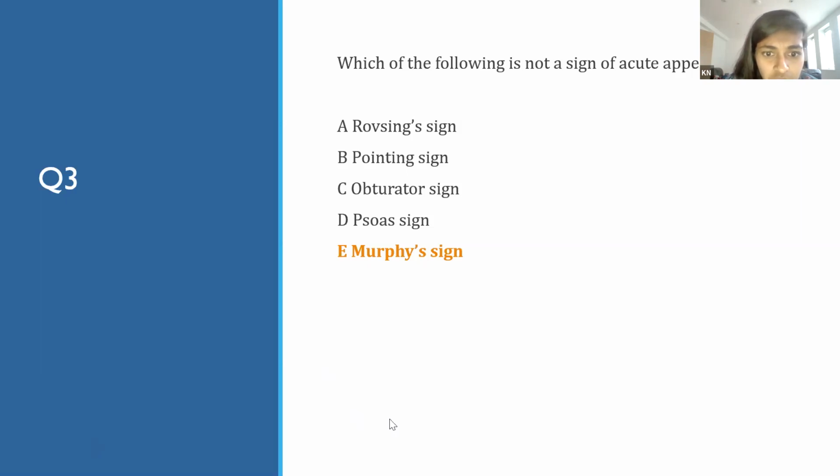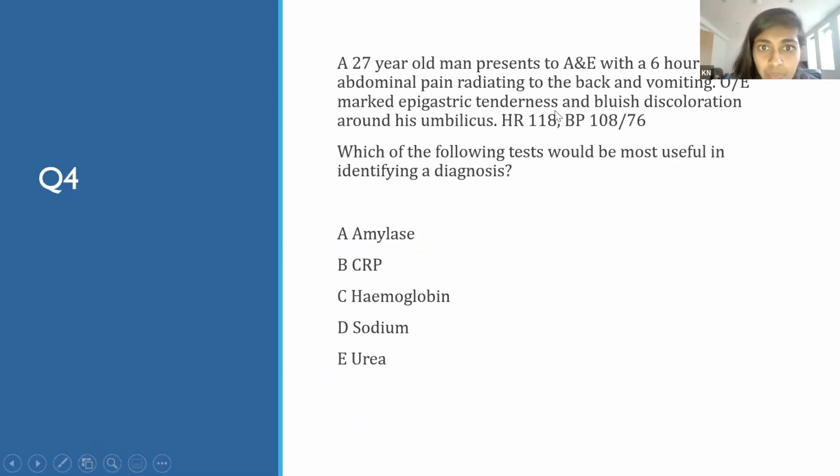Yep, so the next question here is, there we go. So, a 27-year-old man in A&E.